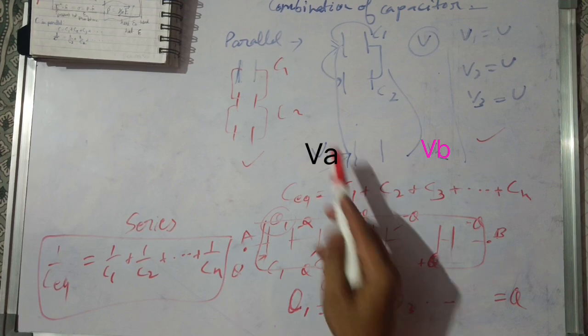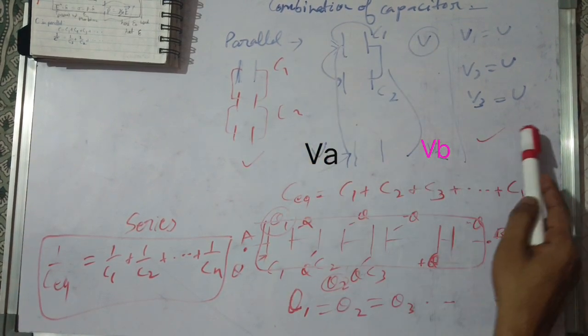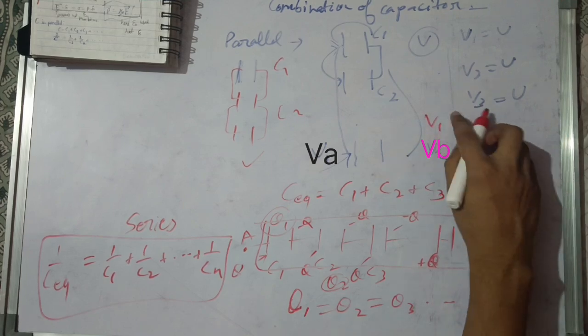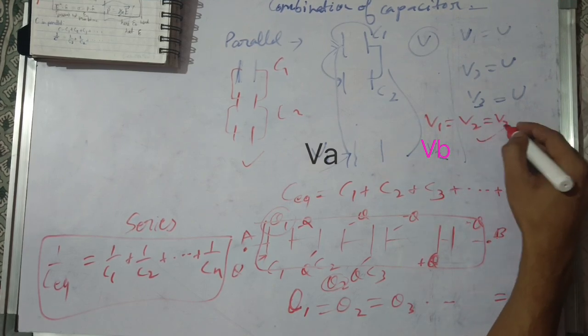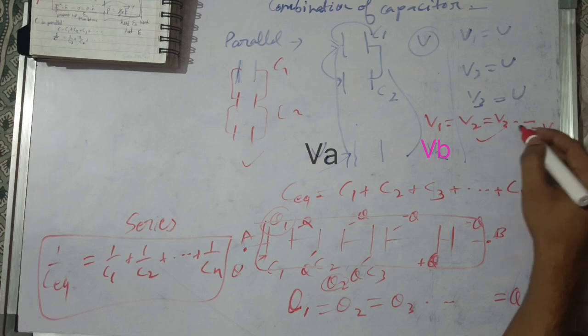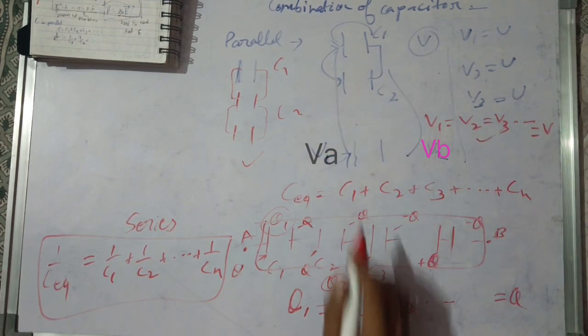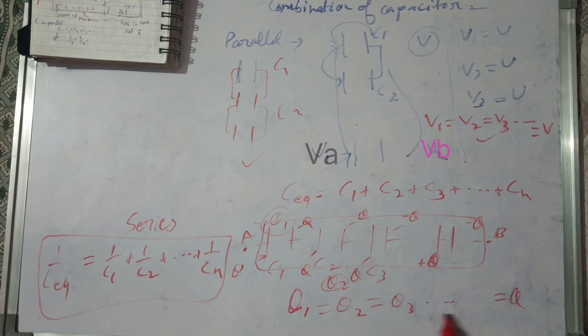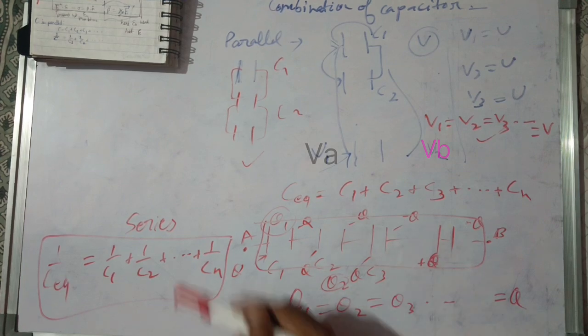So there is one identification of parallel: all the potential differences V1 equals V2 equals V3 and so on, all equal to V. In series, all the charges stored, Q, are the same.